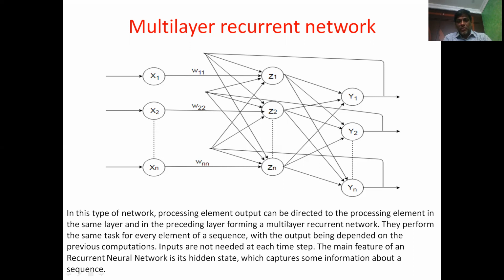So the main feature of recurrent neural network is its hidden state, which captures some information about the sequence of processing. So this is about multi-layer recurrent neural network. The main concept is output of the output layer neurons are fed back to the neurons of hidden layer.